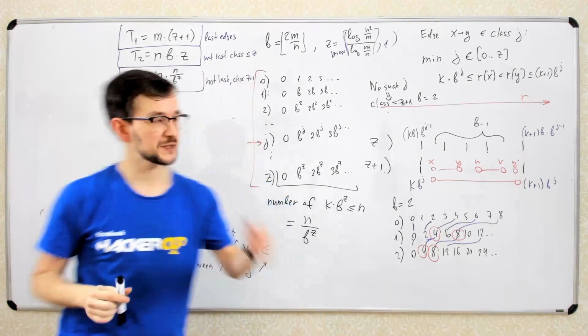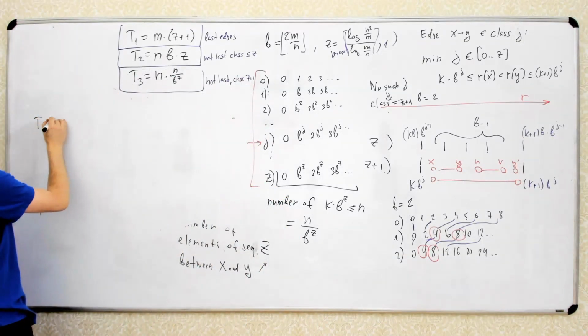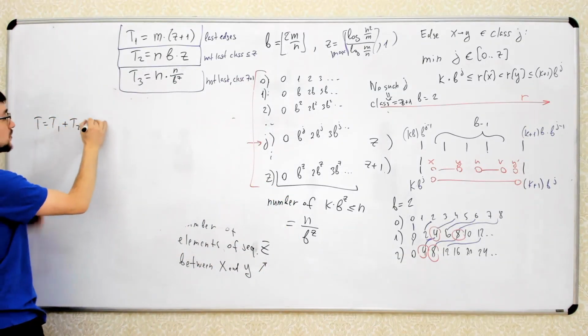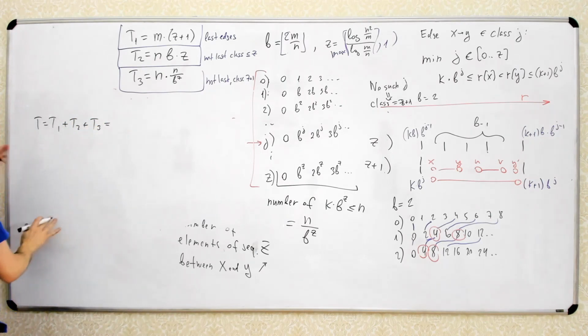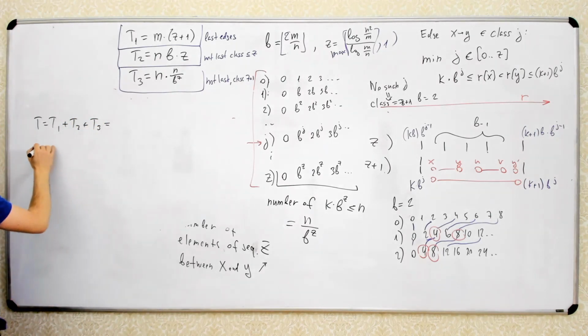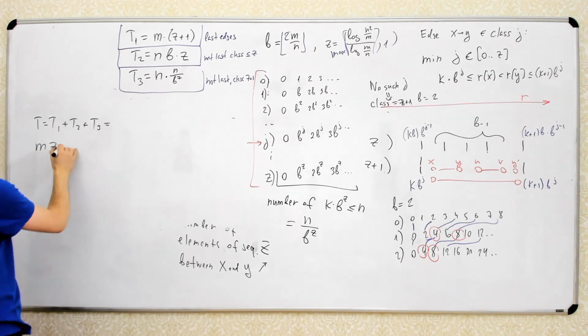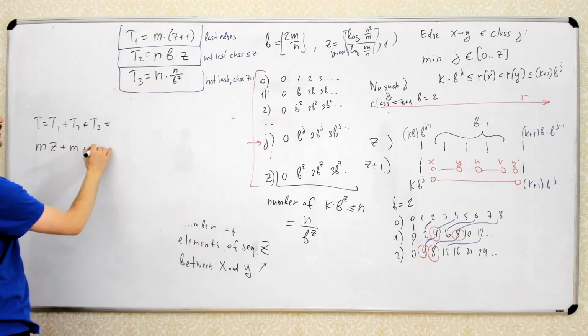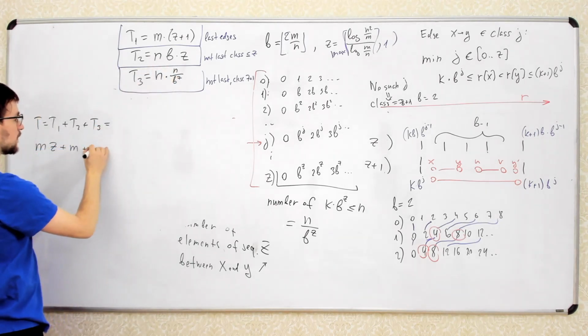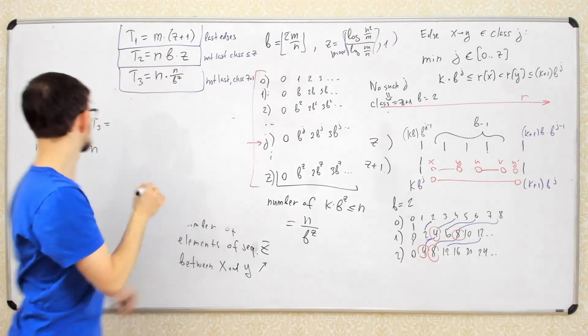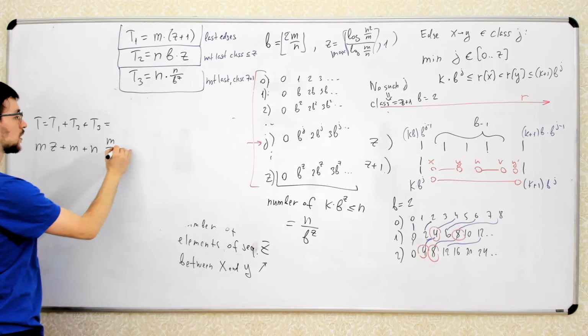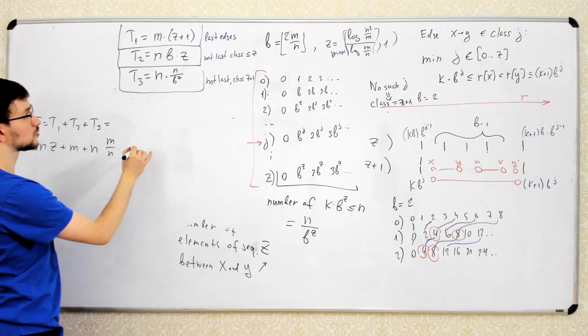So the final time complexity will be T1 plus T2 plus T3. Let's see. So it is mz plus m plus n multiplied by b. B equals to this, and z equals to this.